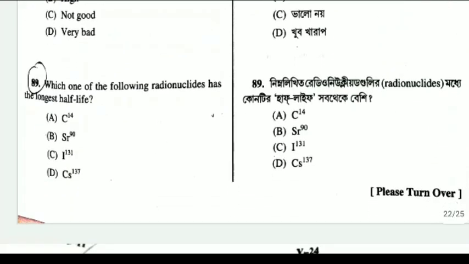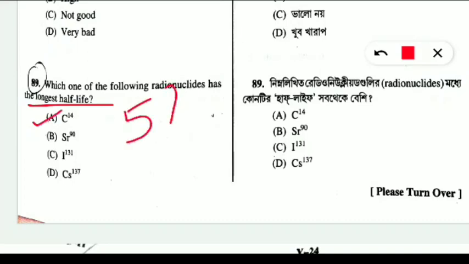Question 89. Which one of the following radionuclides has the longest half-life period? So the radionuclide having the longest half-life will be option A, carbon-14. You should note down carbon-14 half-life is approximately 5730 years. Strontium-90 half-life is 29 years.